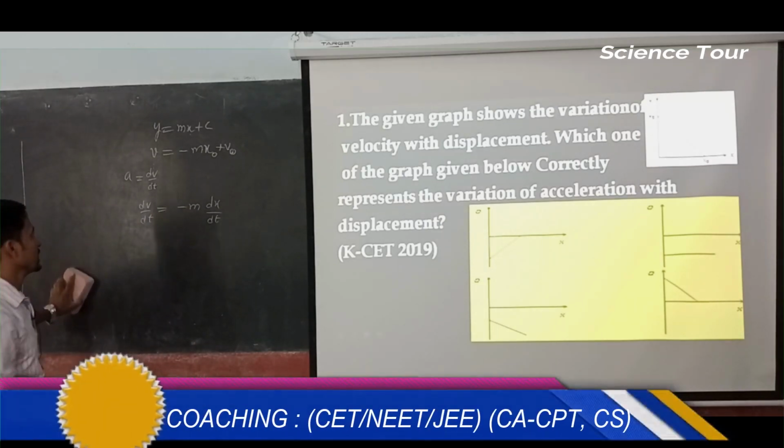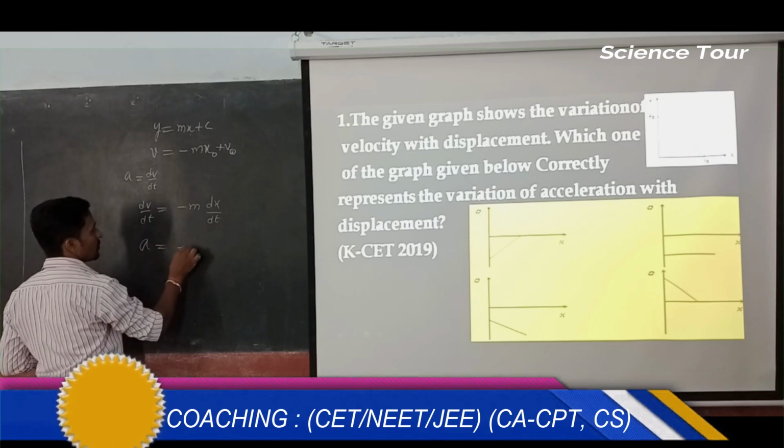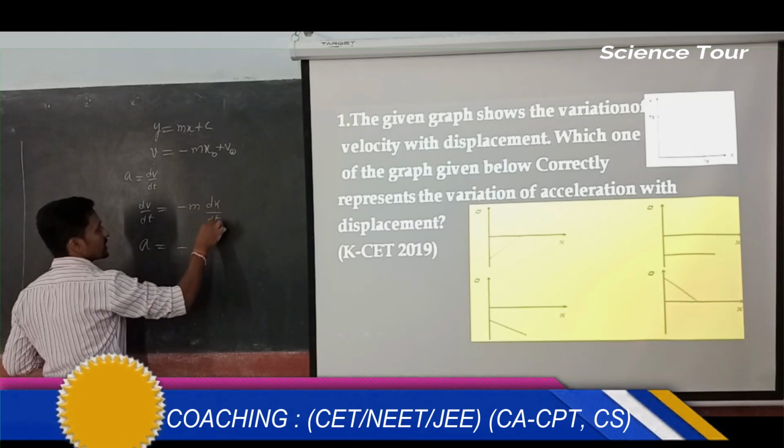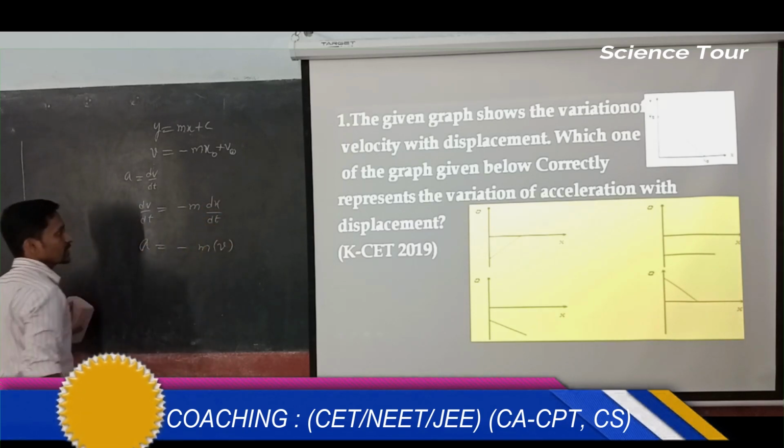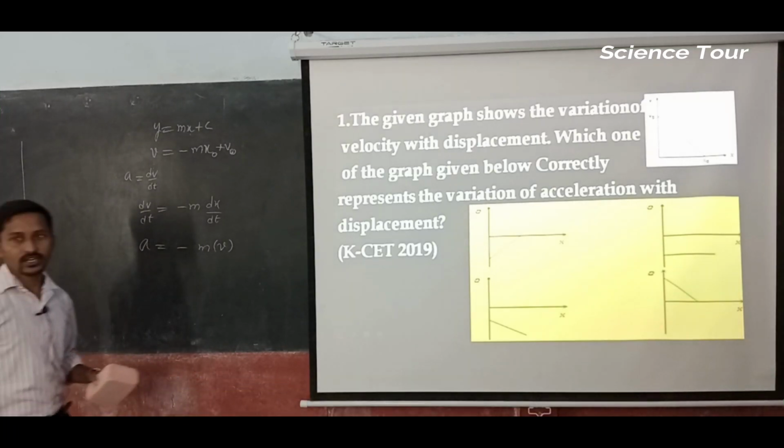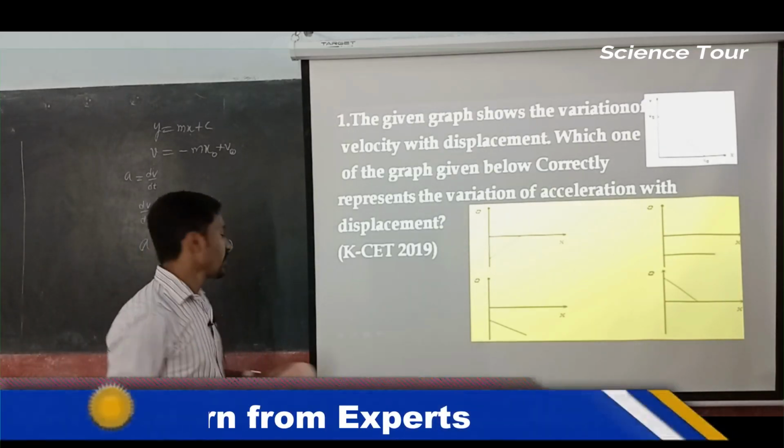Now we get dv by dt, which is acceleration, equal to minus m into dx by dt. And dx by dt means what? Velocity. Now we have to apply the velocity here.